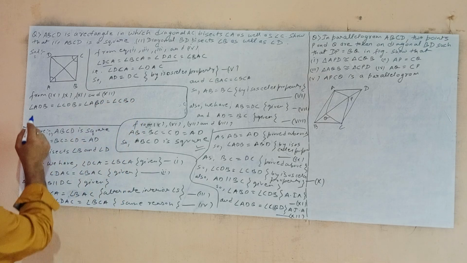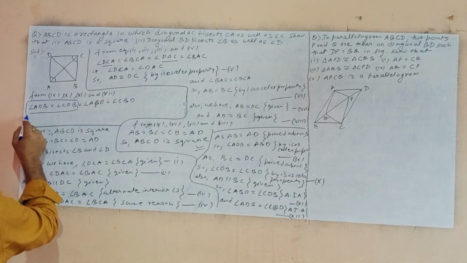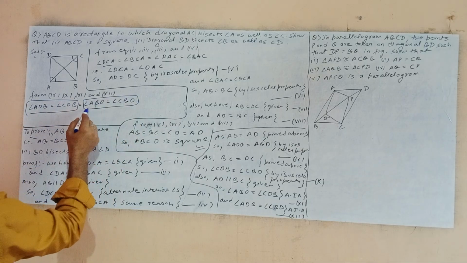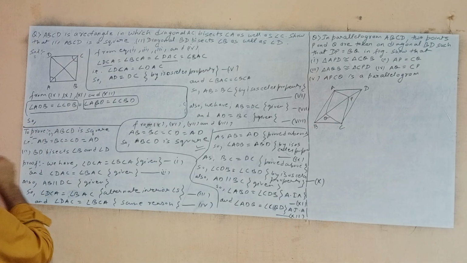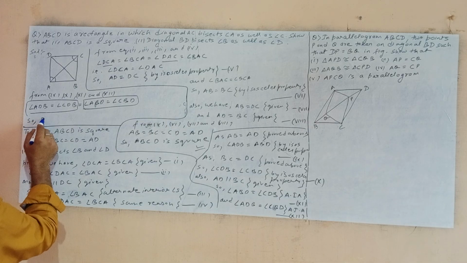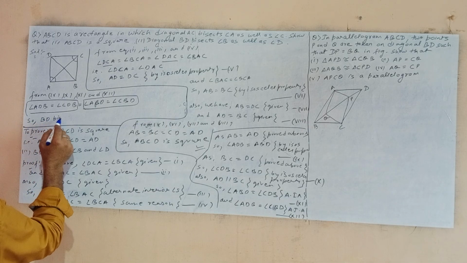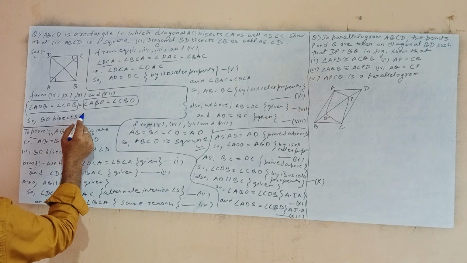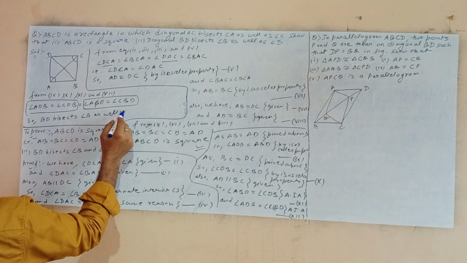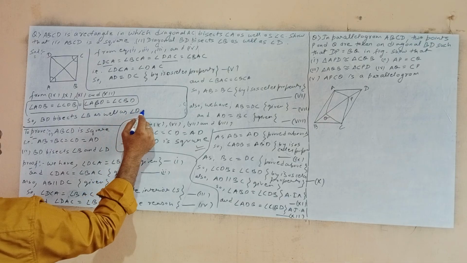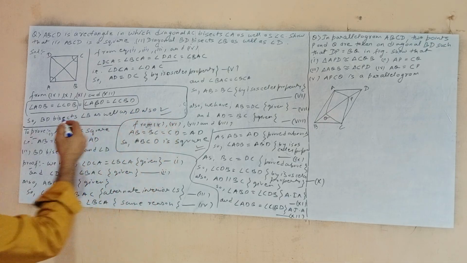So BD bisects angle B as well as angle D also. In this way you will prove this also.